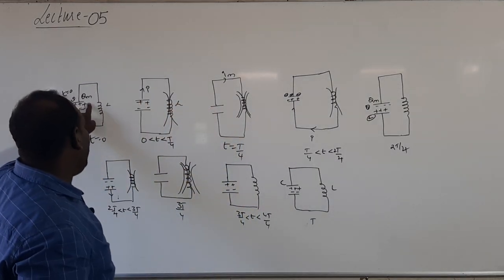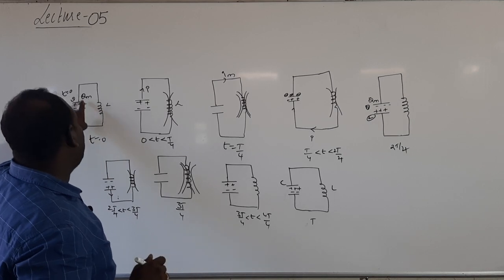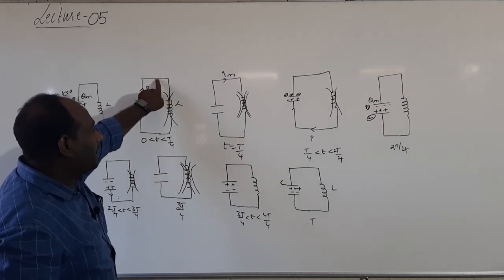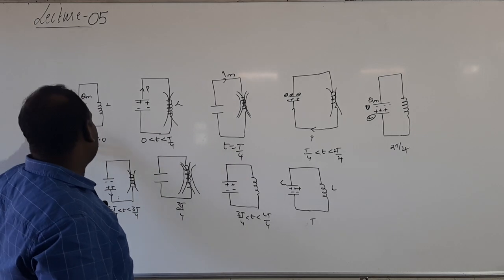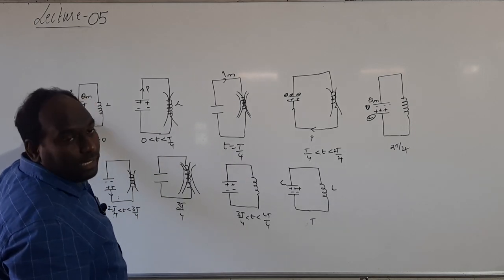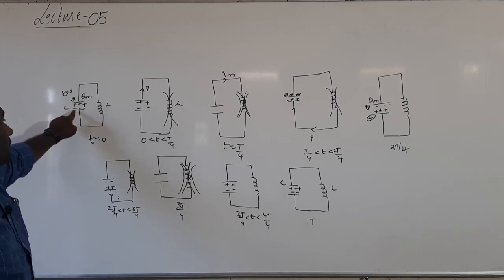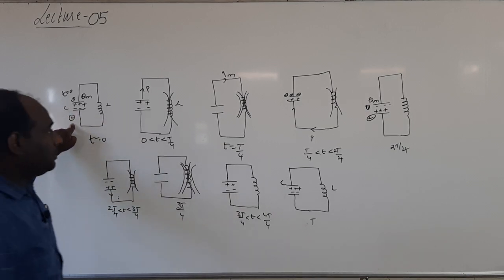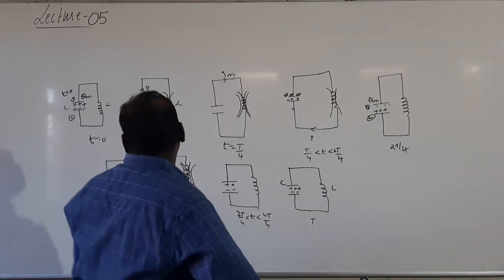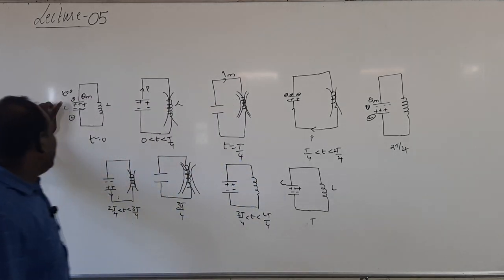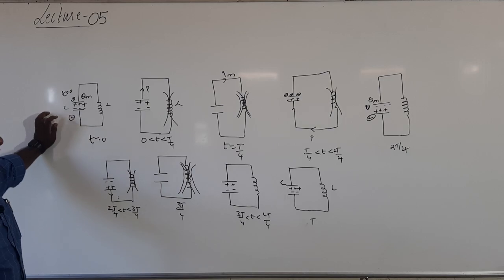In the first case the current flowed in the forward direction, now it is going in the backward direction. So the capacitor is polarized in the opposite direction. In the first case, the first plate is positively charged and the second plate is negatively charged.